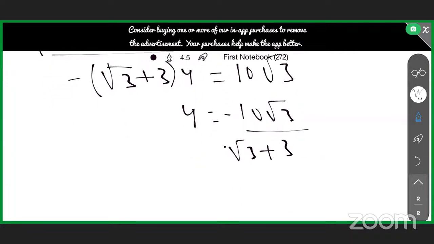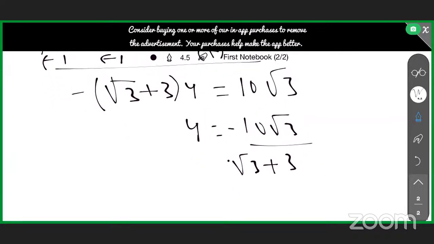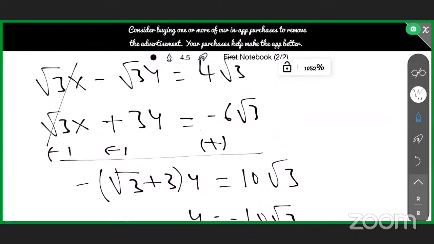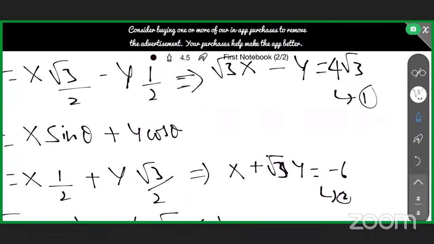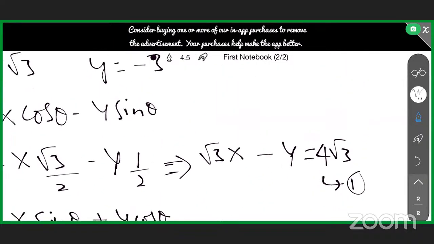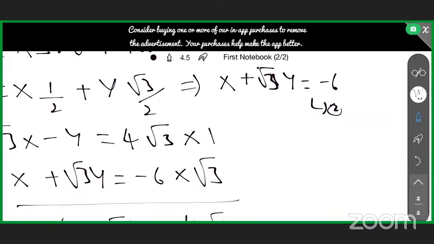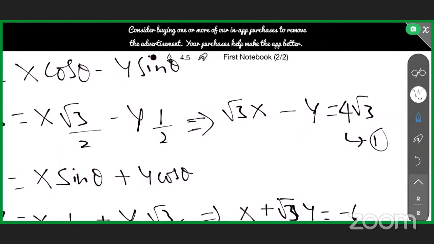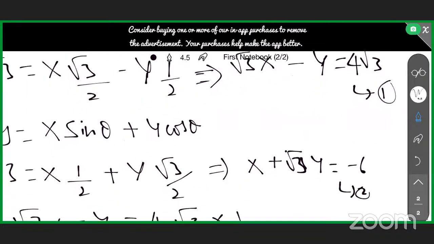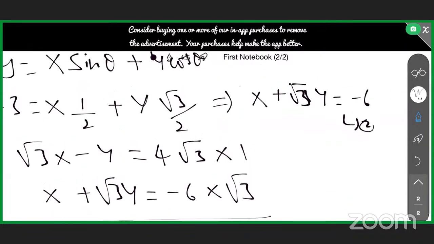Sir, you have made a bit of a mistake, I think. In the first equation, the y coefficient is 1, so not root 3. The first equation is correct: root 3x plus y is equal to 4 root 3. So in substituting, you substituted root 3y.